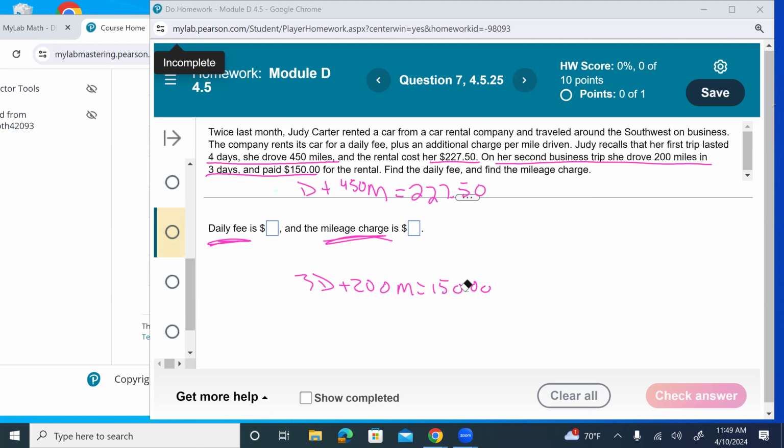I would take that one and solve it for D. You'd get D equals 227.50 minus 450M. This is the substitution method. Then you would take that and put it where? In the other equation for D.